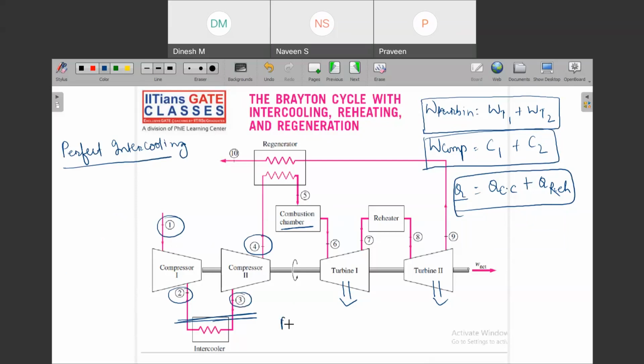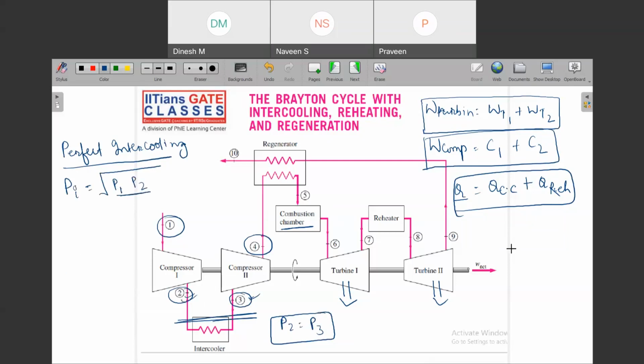P2 is equal to P3 here. Okay. The intercooling is happening at constant pressure, so whatever pressure you have here, the same pressure is here. So what is the intermediate pressure? The intermediate pressure is nothing but the square root of P1 and P4, meaning the limits.